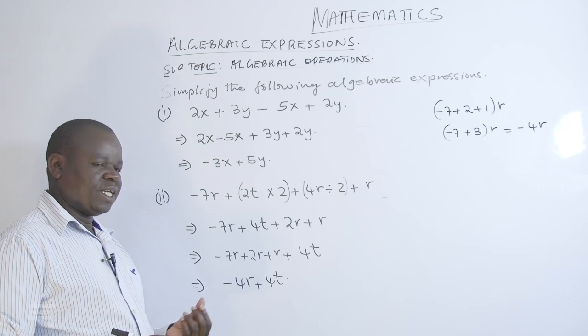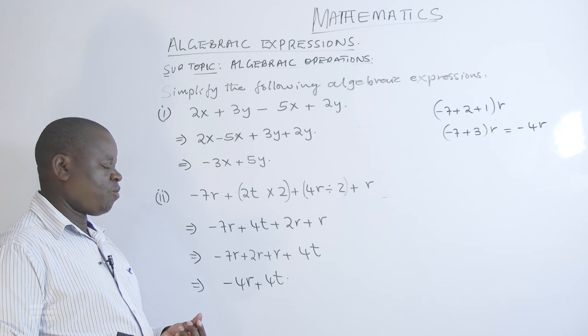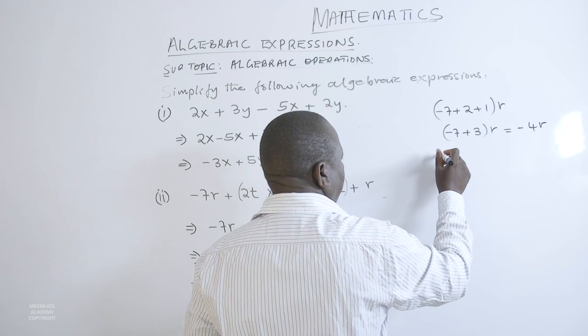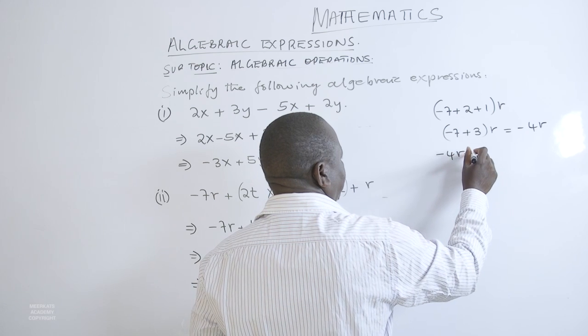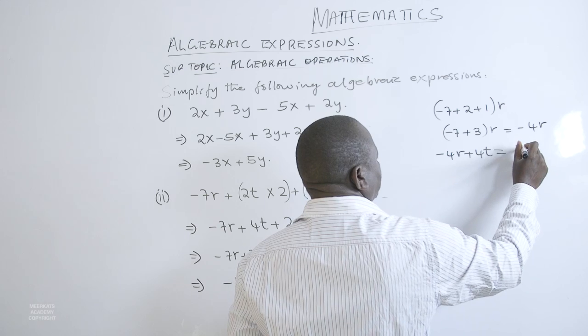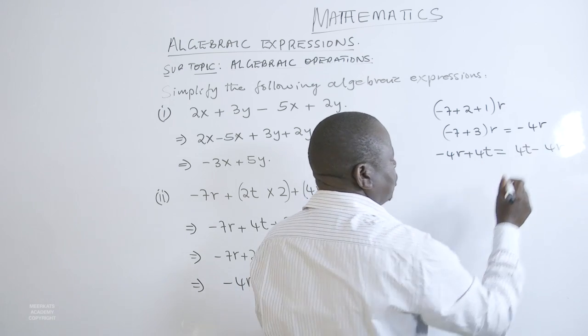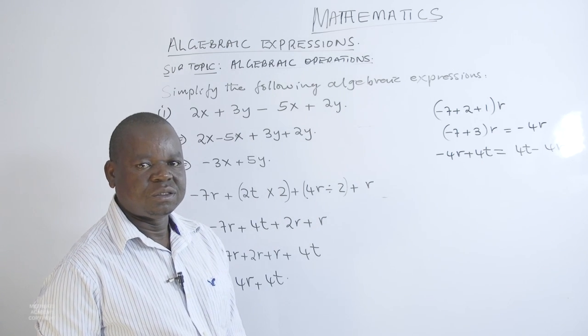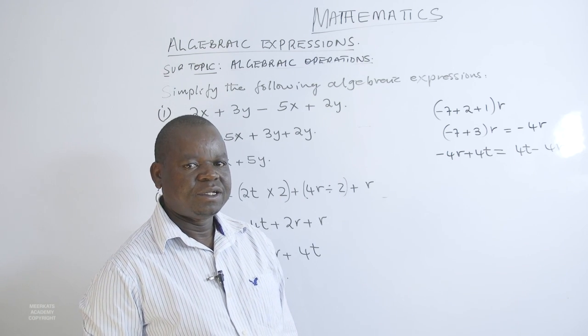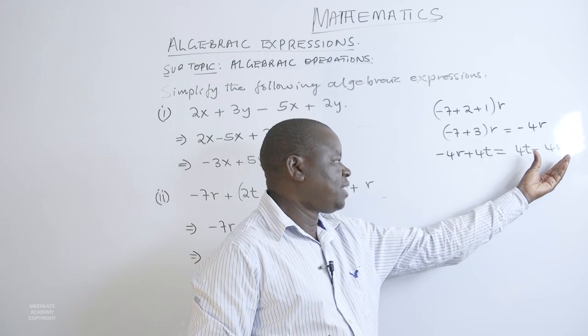But remember, we must filter out what is common. Minus 4r plus 4t can also be written as 4t minus 4r. But because the pronumerals are not similar, we cannot further simplify this.